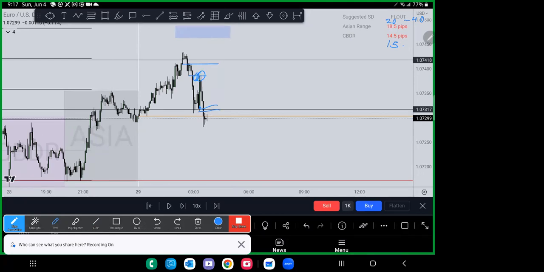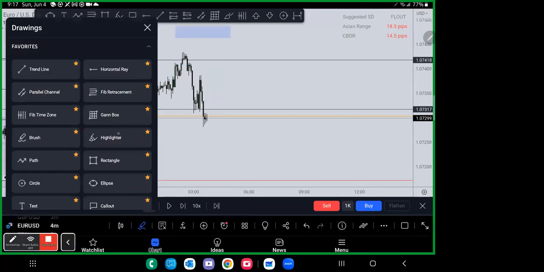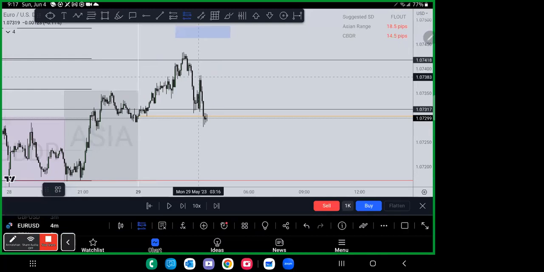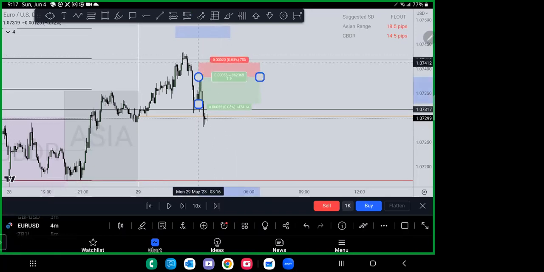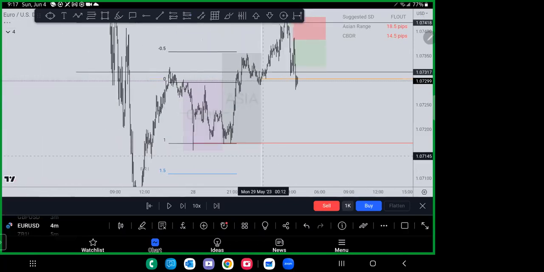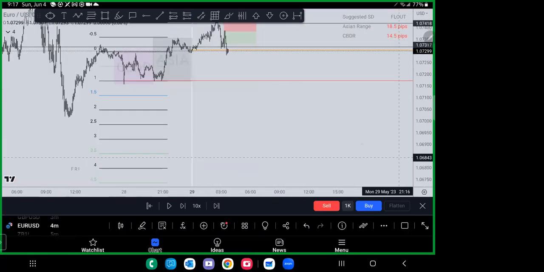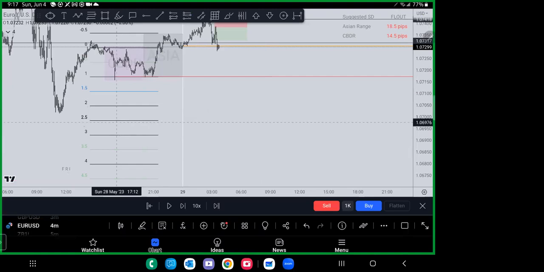But entry would be here. So this very first entry, I believe, is probably a 1 to 10 or 1 to 8. Let's say we just went here with a 4 pip stop. I wouldn't be that greedy, I just protect myself up here. And we're going to keep sight of the standard deviations from the previous day's central bank dealers range.